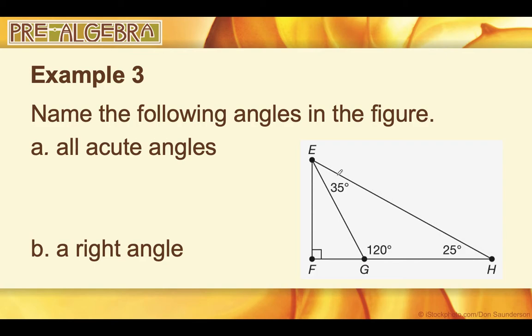Well, we're talking about angle GEH, or you could name it angle HEG. That is one of our acute angles. This is another one of our acute angles, angle EHG. So we've got two acute angles that are listed. Do we have any other acute angles?